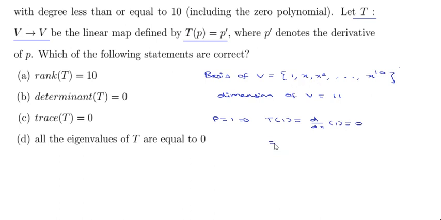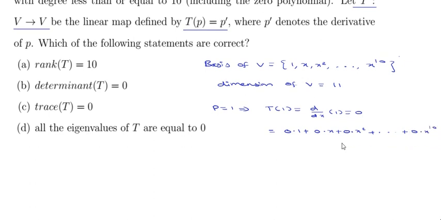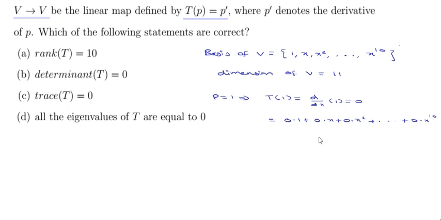So 0 can be written as 0 into 1 plus 0 into x plus 0 into x square plus etc., 0 into x power 10. So this forms the first column of our transformation matrix.